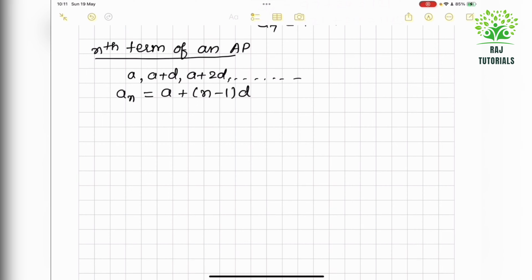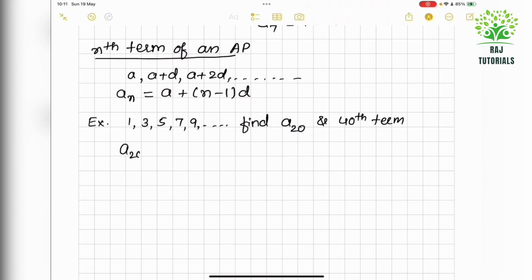Now let us see one example. Let us take the same example which we had taken, 1, 3, 5, 7, 9, like that. Now suppose he says, find A20 and A40, the 40th term.